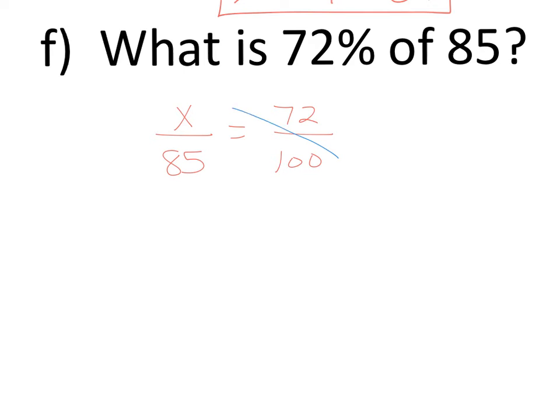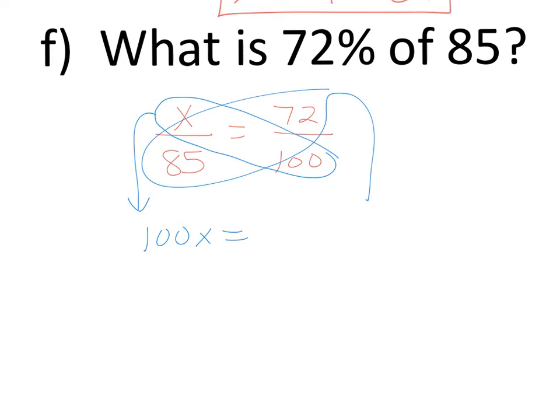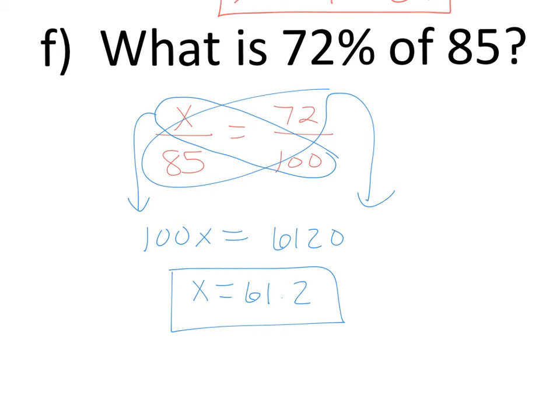Now cross multiply that, and you're going to get 100x equals 85 times the 72, and we get 6,120. We divide by the 100 and get 61.2.